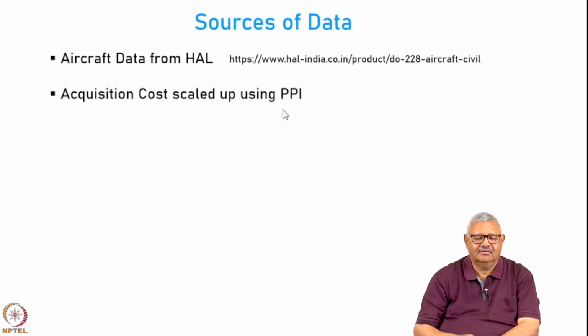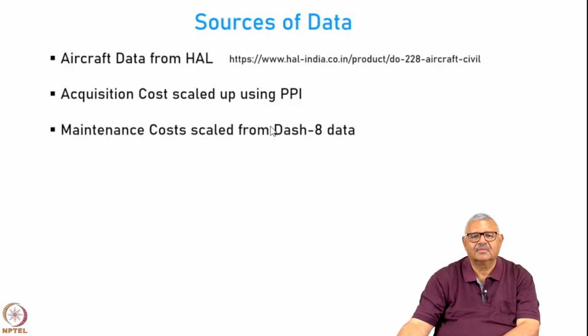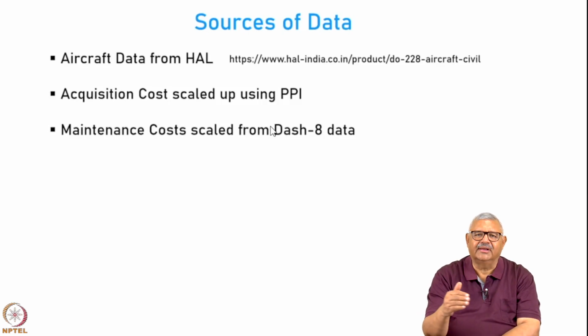There is a term called the acquisition cost, or the cost of acquiring the aircraft and its standard support equipment, that has been scaled up using an index called PPI, about which I will talk in some detail. Then, as I mentioned to you, for maintenance cost data I was able to obtain the detailed breakup from an operator which uses the Dash 8 aircraft.